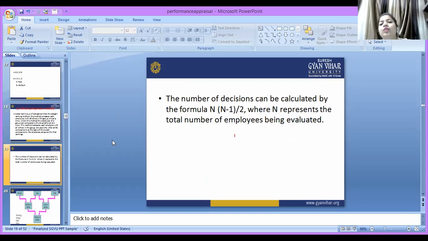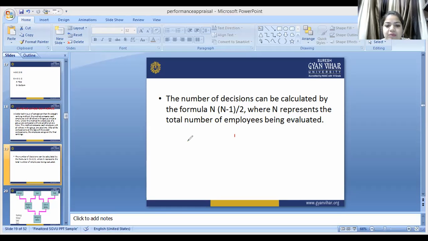So how can we know how many times each member is compared with the others in a group? The formula is n multiplied by n minus 1, divided by 2. Suppose I want to compare 7 employees.